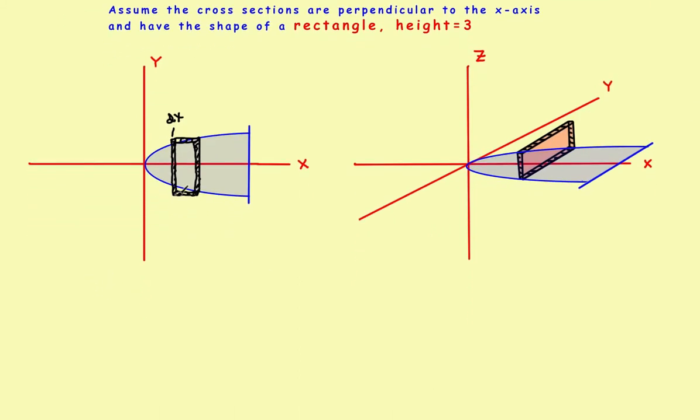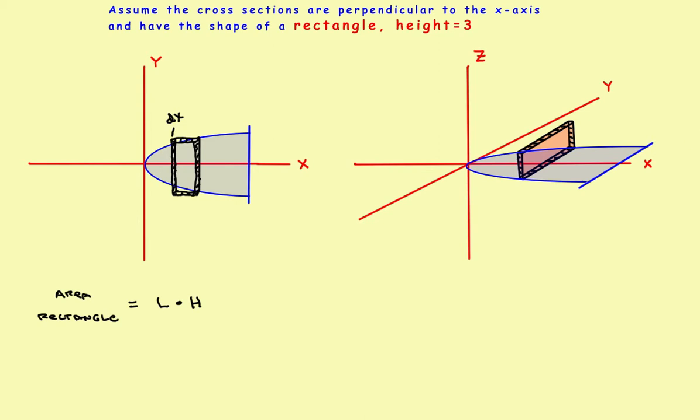So I need the area of a rectangle. So for our problem, the area of a rectangle, and in the simplest terms, it's just the length times the height. So there is a general formula for the area of a rectangle.